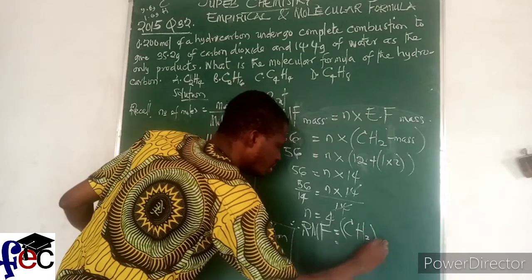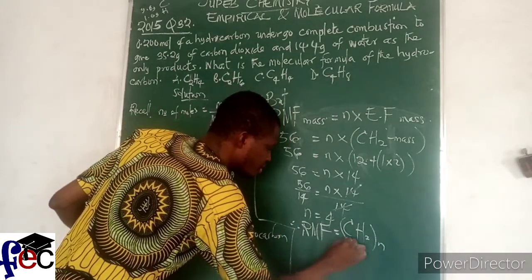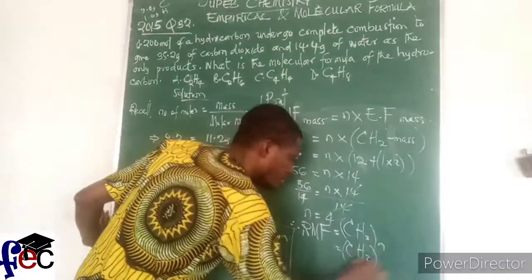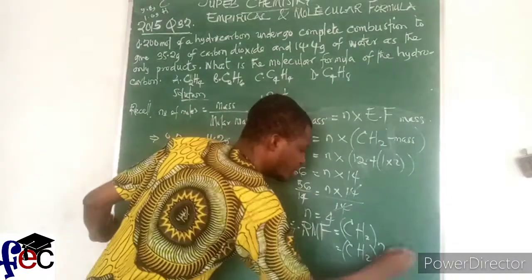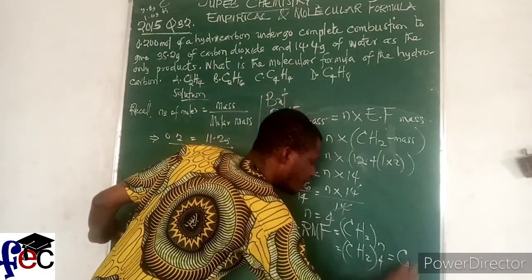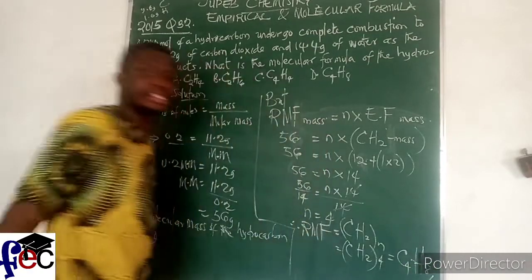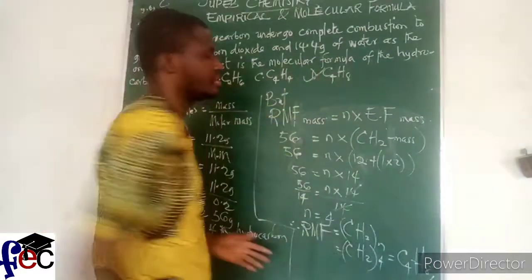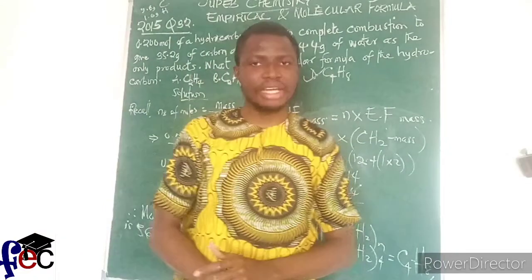This will become 4 times CH2. Then you multiply it out. What do you have? You have C4H8. That is the molecular formula. Which option? Option D. It's as easy as that.